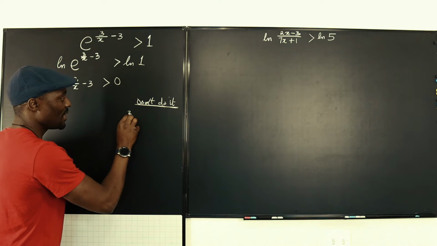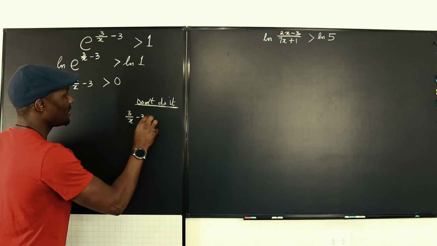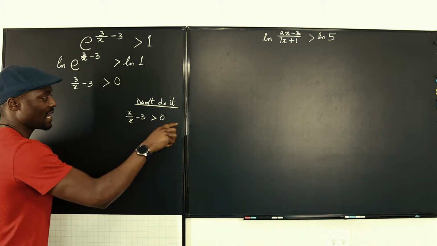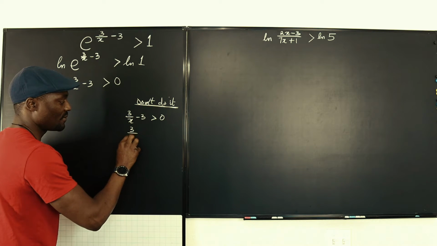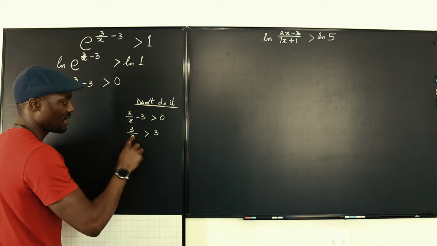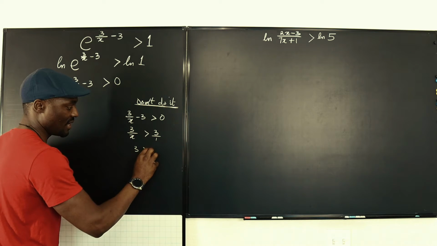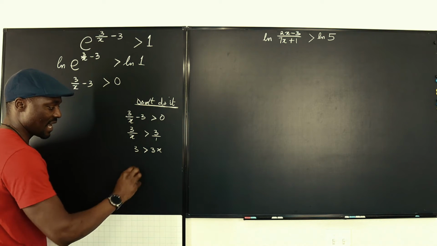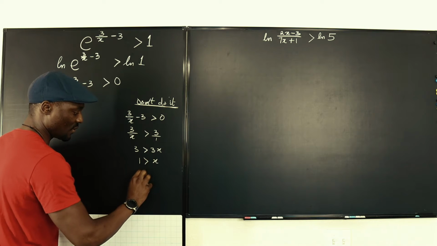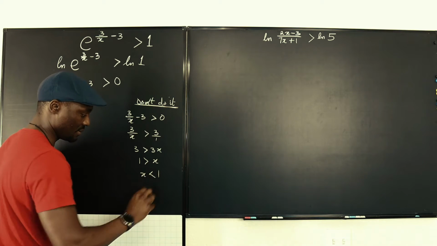So people do 3 over x minus 3 is greater than 0. They add 3 to both sides. They end up with 3 over x is greater than 3 over 1. Then they cross multiply. They say 3 is greater than 3x. And that gives them 1 is greater than x, or x is less than 1.